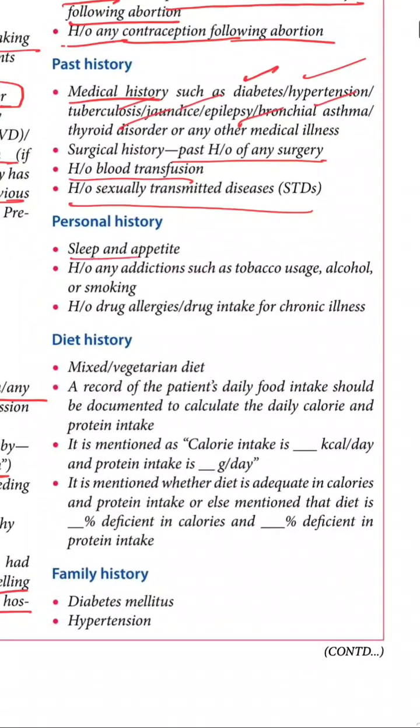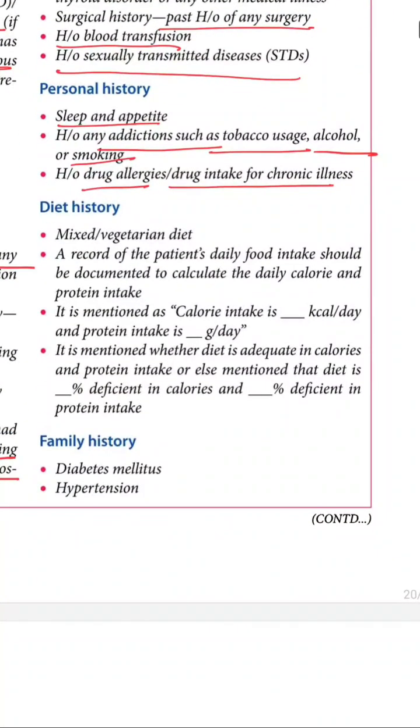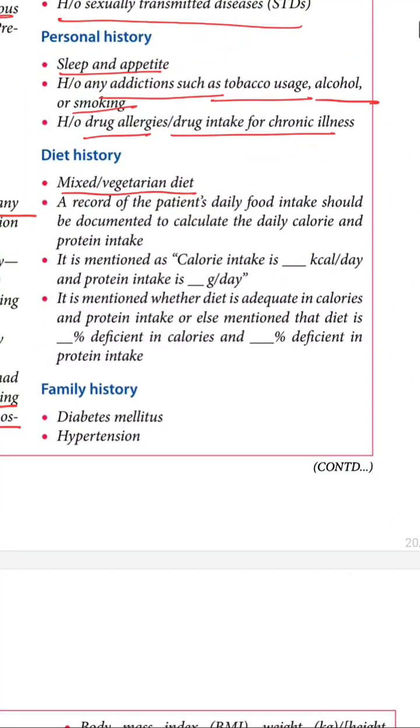Personal history, sleep, appetite, history of any addiction such as tobacco use, alcohol, smoking, history of drug allergies or drug intake for chronic illness. Then coming to dietary history, whether mixed or vegetarian diet, a record of the patient's daily food intake should be documented to calculate the daily calorie and protein intake.